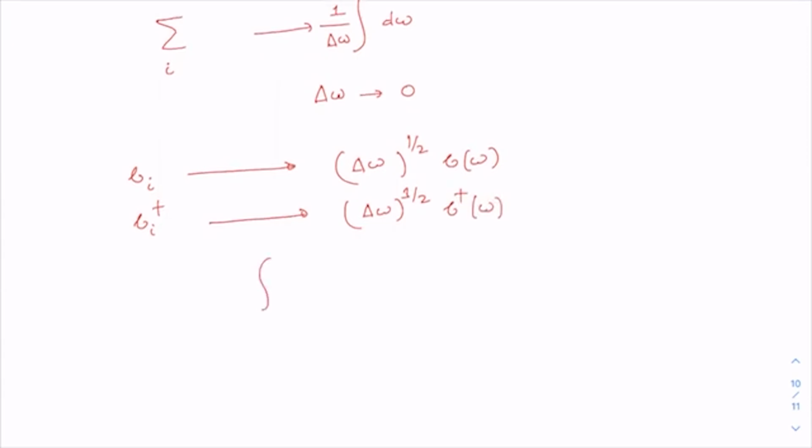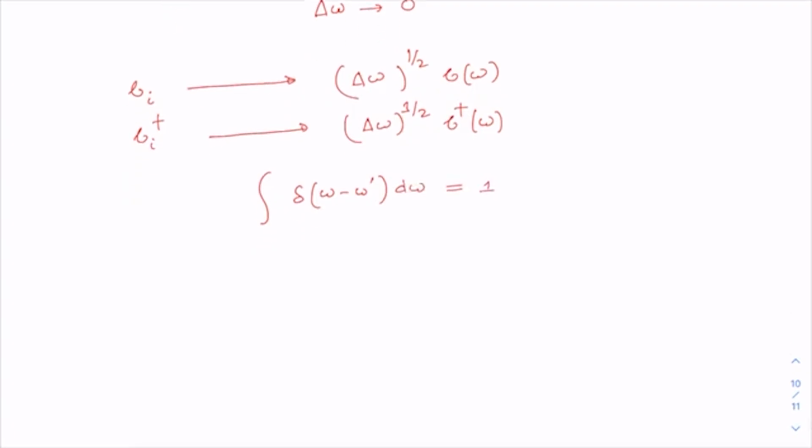Also please note that in the continuum we have this relation, integral of delta(omega minus omega dash) d omega equal to 1. On the other hand, you know that in the discrete space we have this Kronecker delta. Now in the continuum it would be replaced by delta(omega minus omega dash) over delta omega.